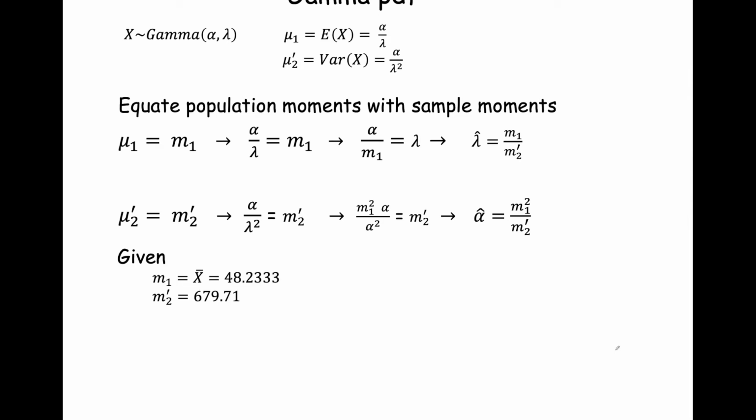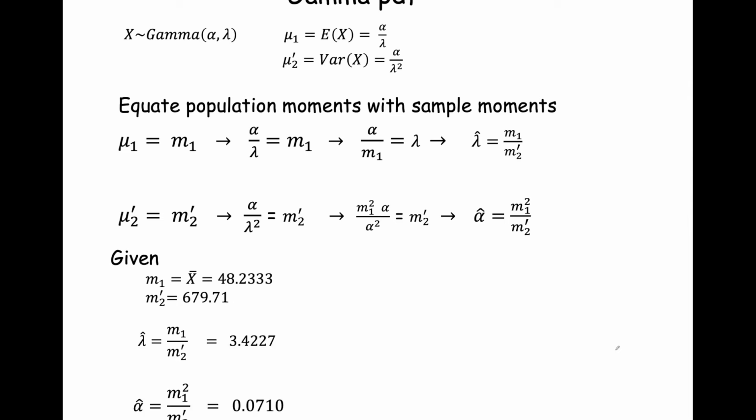And so now we have our results. We actually calculated M1 from the data, that was 48.23, and M2 prime from the data, that was 679.71. So now we can actually plug in, and now we have values for lambda hat and alpha hat.